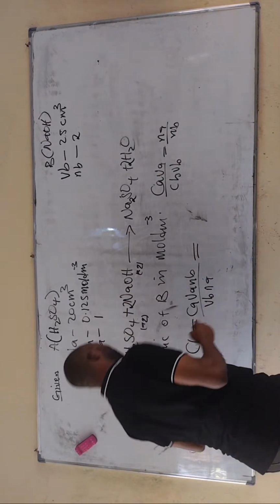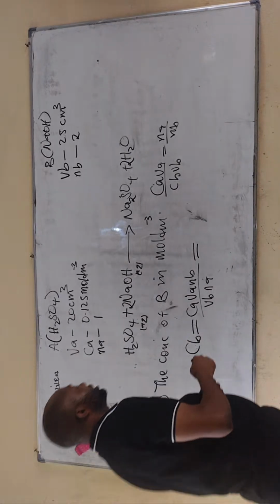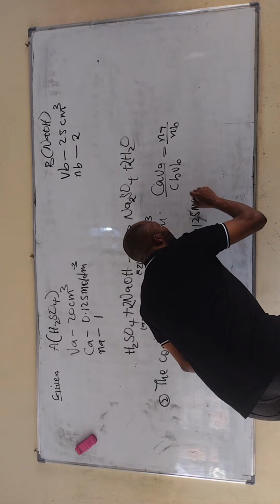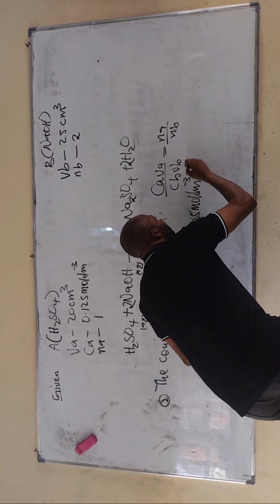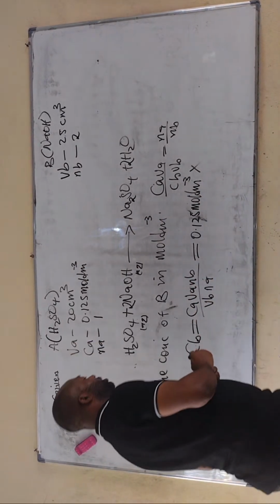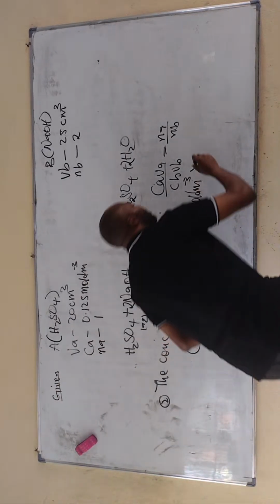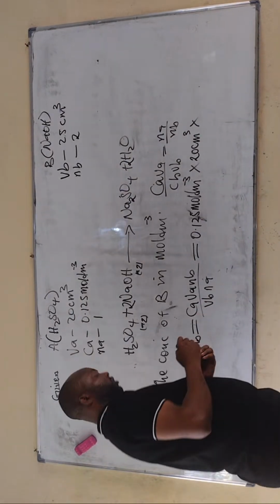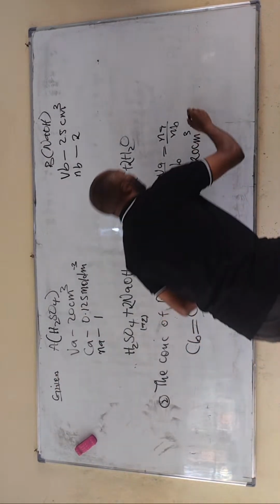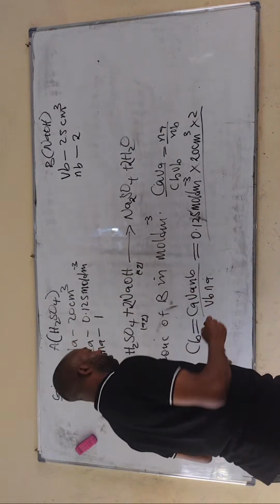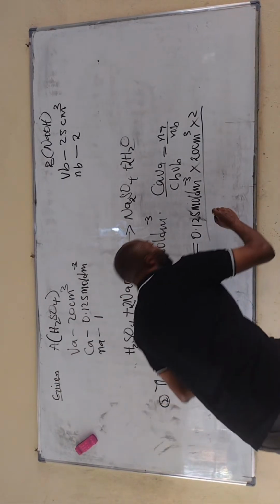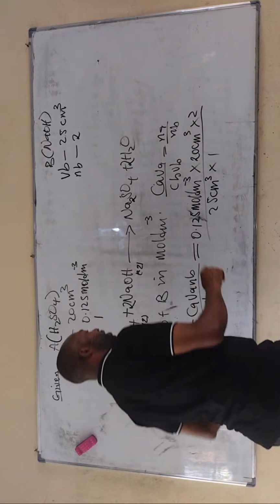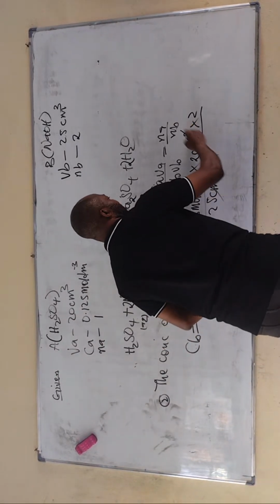This is equal to the concentration of the acid, 0.125 mole per dm cube. Your units, you have to pay attention to them. Volume of the acid is 20 cm cube. Number of moles of the base is 2, all over volume of the base, 25 cm cube, number of moles of the acid, 1. So of course, cm cube will cancel.